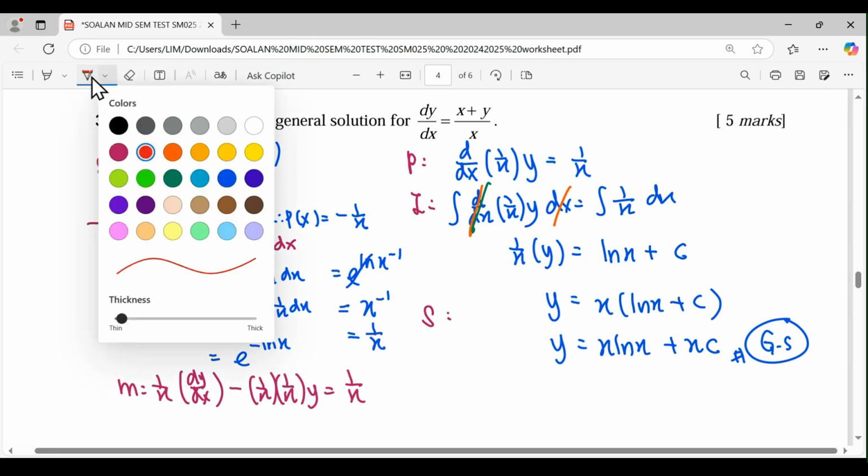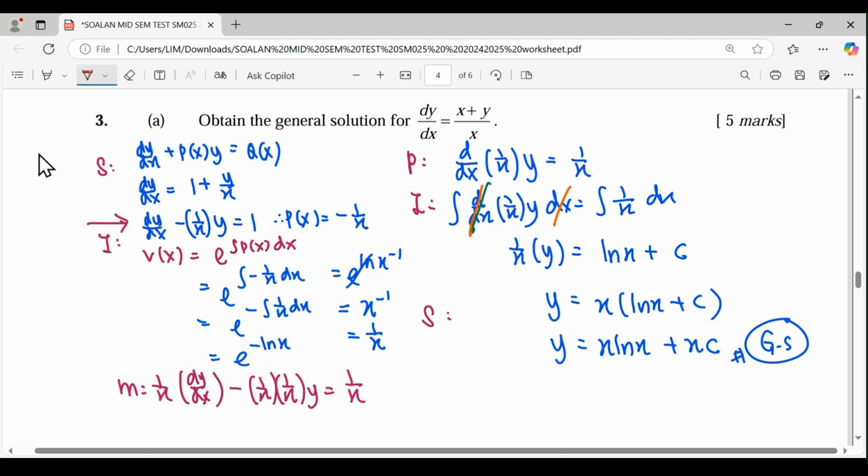It will be okay. So for this, basically is the first step, how we arrange. The important thing here is how you arrange to the standard form and get your P(x) correctly. That will be your first concept. Secondly, get your integrating factor correctly.